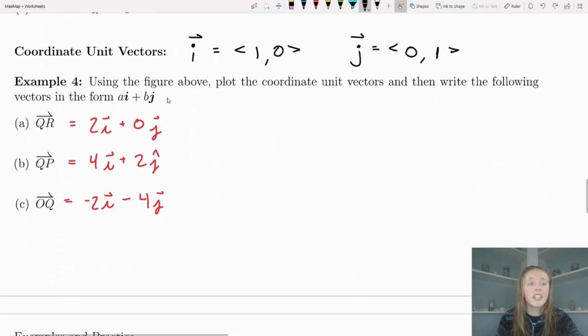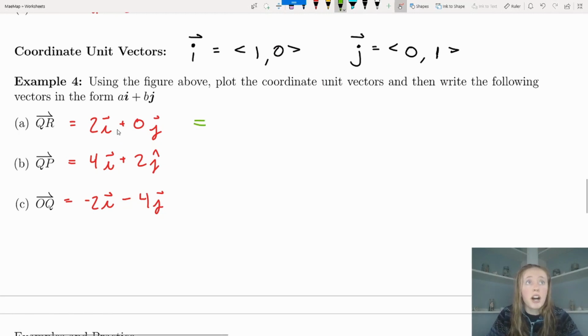And really quickly, if you think about it, when we're scaling i, we're only changing that x component of our vector, because multiplying a scalar to 0 is still 0. And when we're multiplying some scalar to j, we're only changing that y component of the vector, because multiplying anything to that first component of 0 will still be 0.